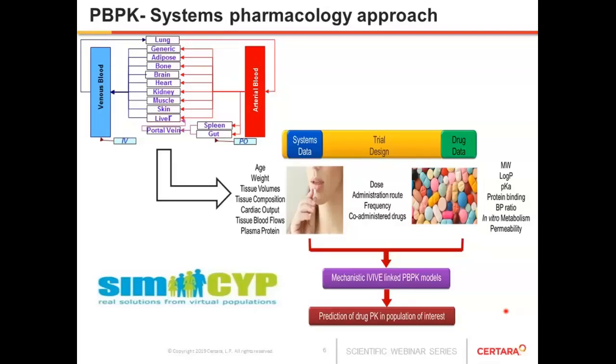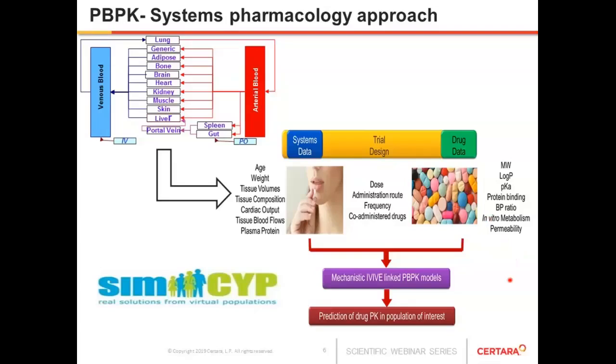Now, a PBPK model adopts a systems pharmacology approach. What this means is that you keep your systems data independent of your drug data. So you first have an extensive definition of your systems data. And then when you're looking at a particular drug of interest, you get as much information about the drug as possible.